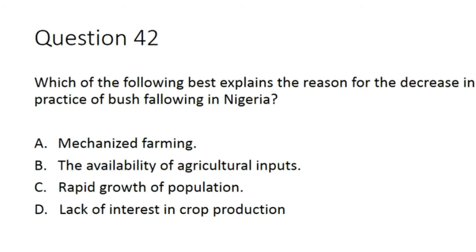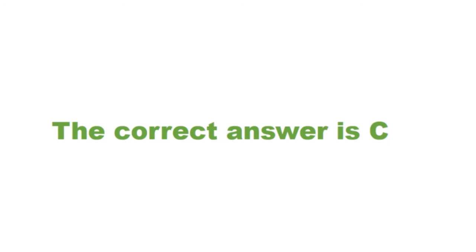Which of the following best explains the reason for the decrease in the practice of bush fallowing in Nigeria? A. Mechanized farming, B. The availability of agricultural inputs, C. Rapid growth of population, D. Lack of interest in crop production. The correct option here is rapid growth of population, which is option C.